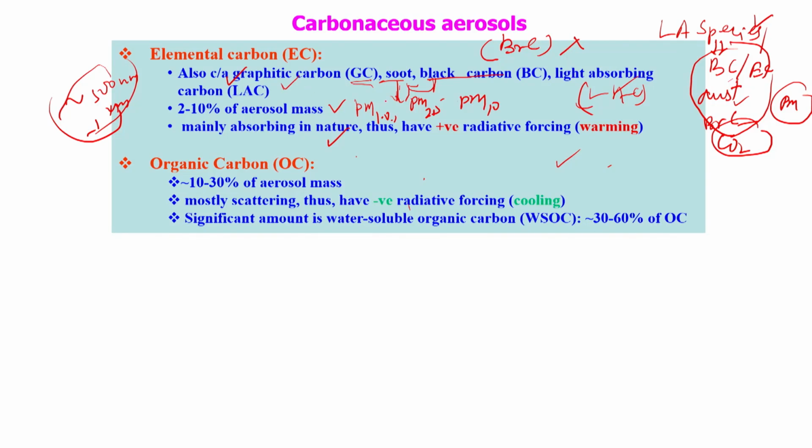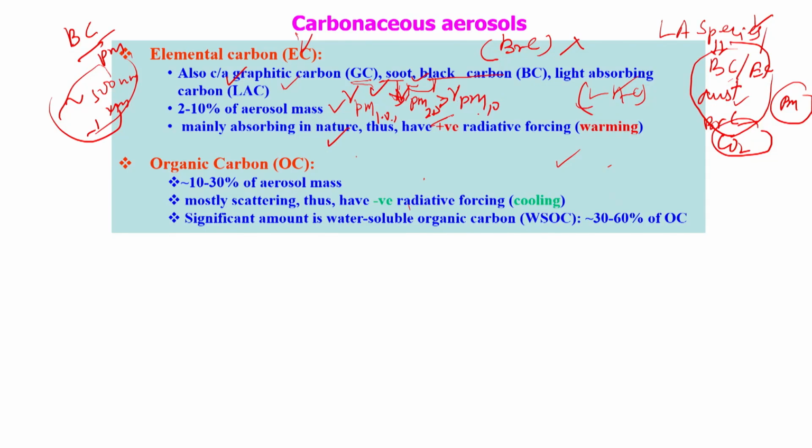If I calculate the ratio of BC to PM, for PM1 the ratio will be maximum. This ratio will be much higher for PM1 because black carbon is the main constituent there, and there will be very little black carbon with more than 1 micrometer size.